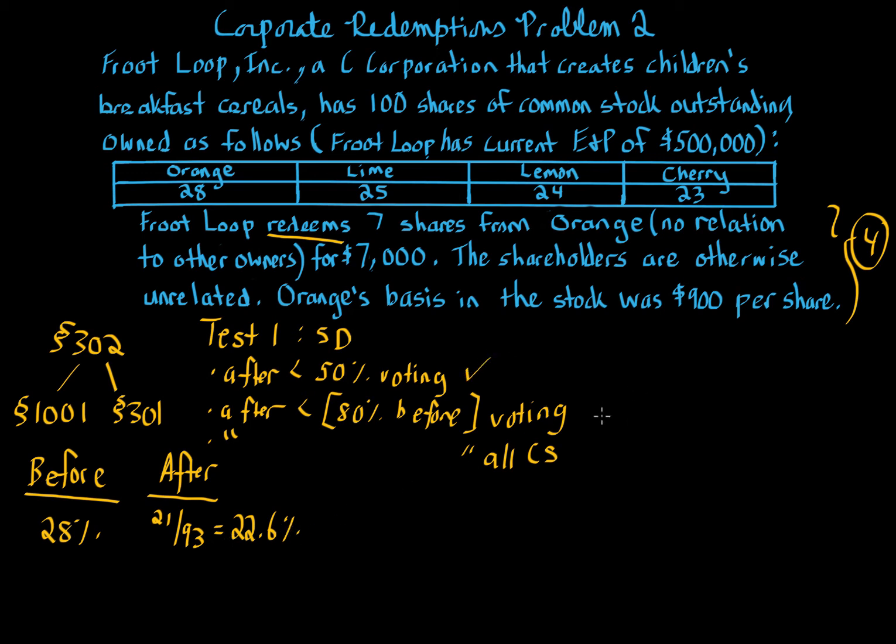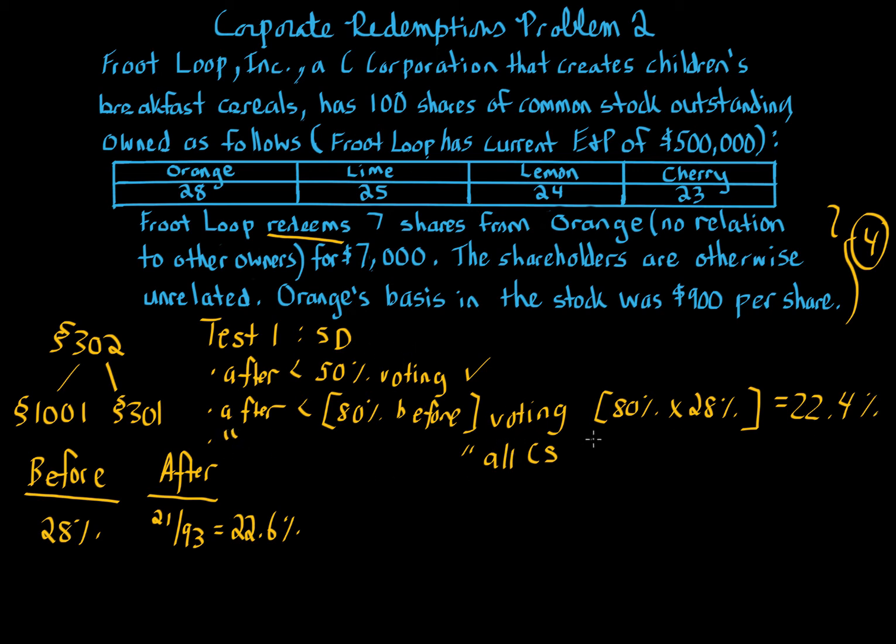So that's met. The next thing to test is, okay, if we take 80% times 28%, we get 22.4. Ooh, we're really close. We're really close, but unfortunately, these tests both fail.